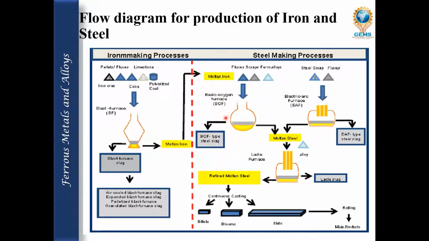Here it is treated, and after that it goes on as molten steel, to which some amount of carbon is added. A carbon content of 0.2% to 2% is classified as steel. So this is the flow diagram for the production of iron and steel.